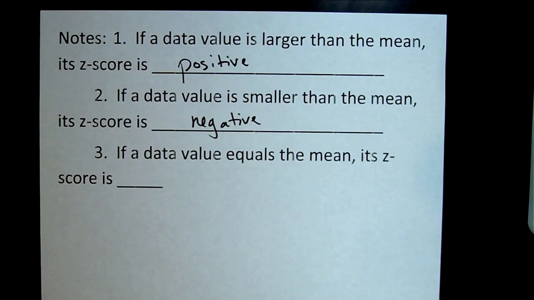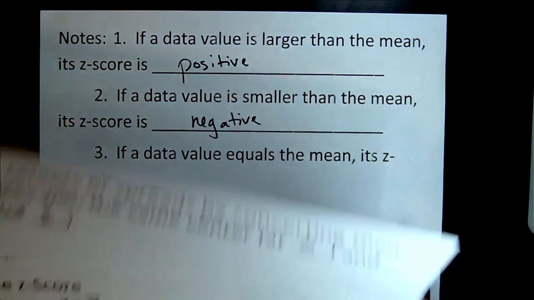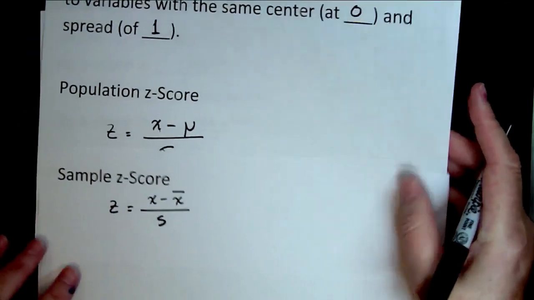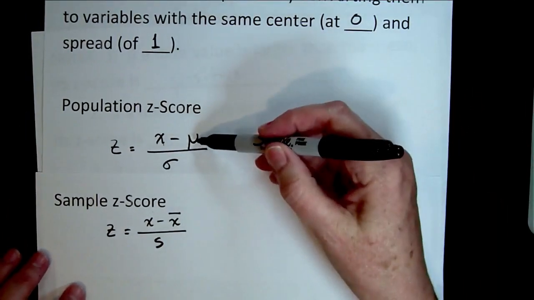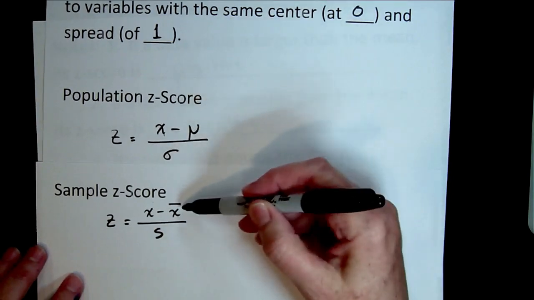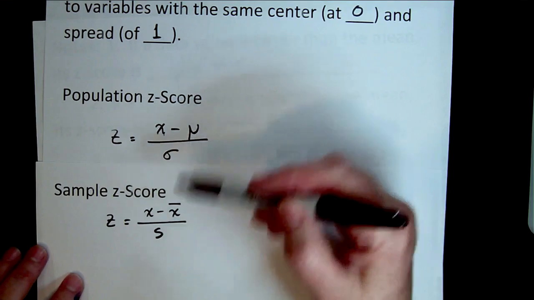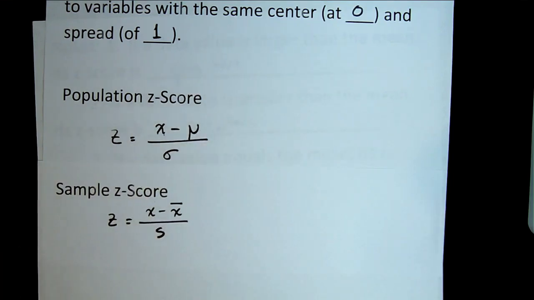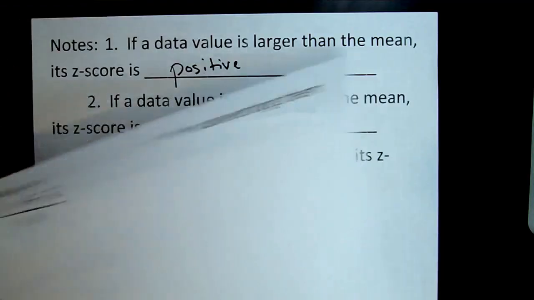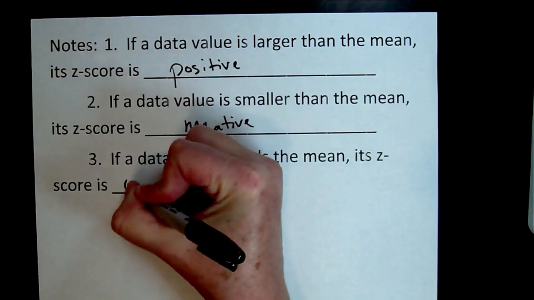Last, if the data value is equal to the mean, whether it's mu for the population or x bar for the sample, you get a 0 on top, and if you have 0 on top, your fraction is equal to 0.